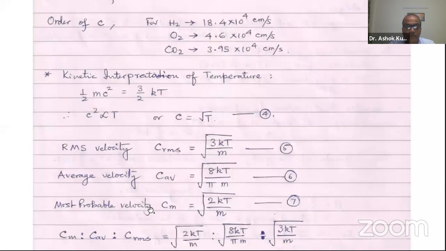And most probable velocity is, suppose some velocity v1 is acquired by n1 number of molecules, v2 by n2 number of molecules. The velocity will be distributed among the number of molecules, but we find that there is a certain value of velocity which is very commonly found, that is called most probable velocity.